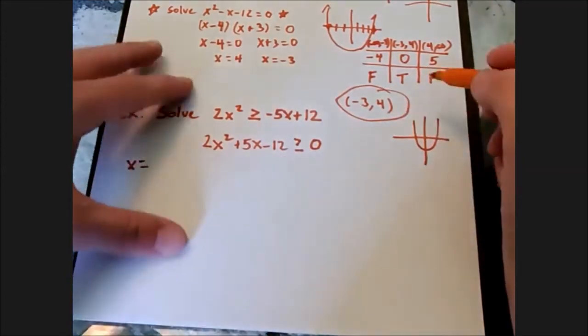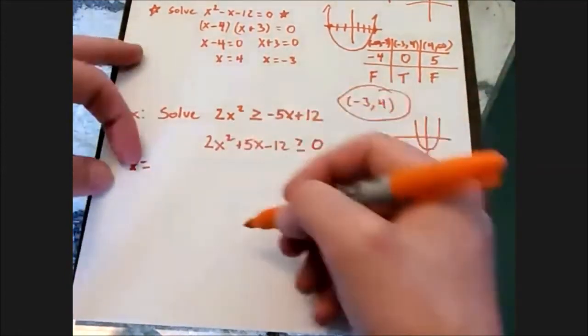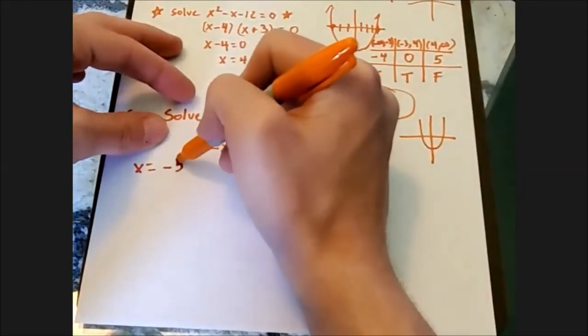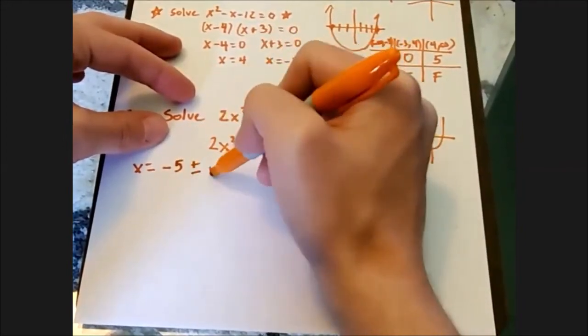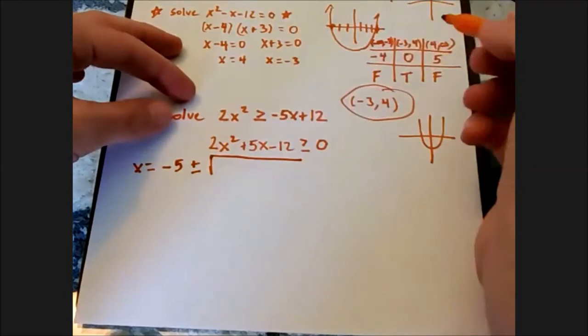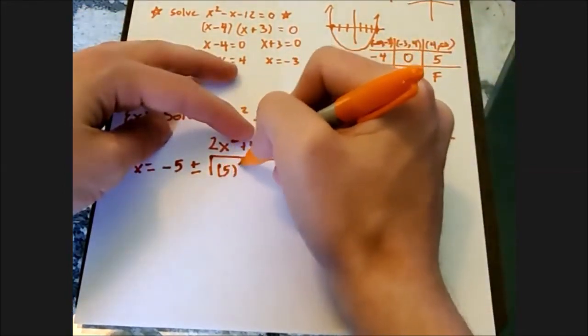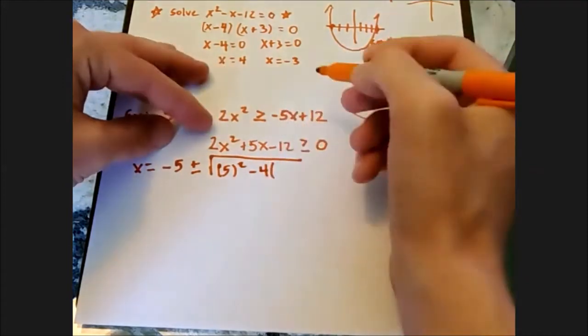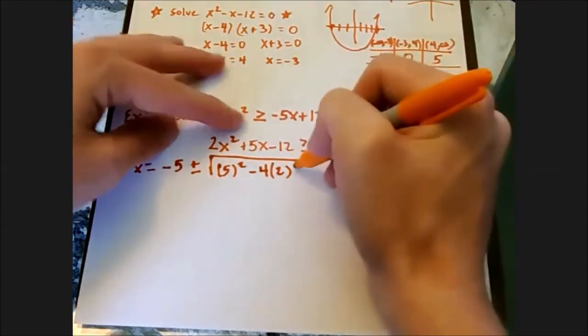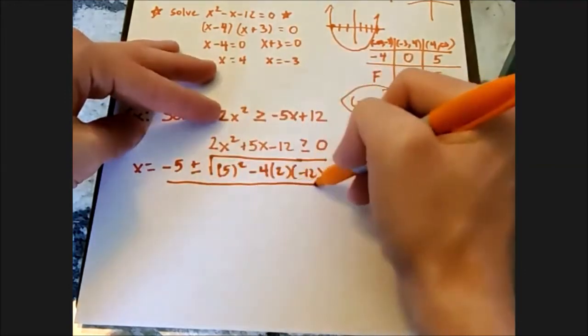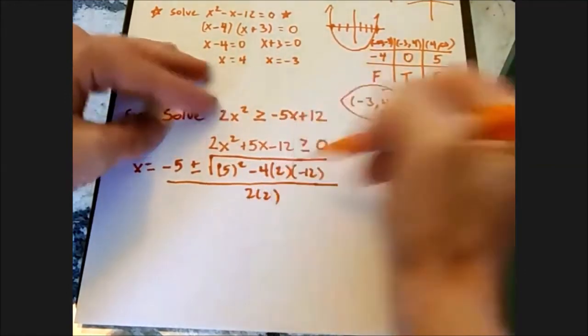That's what I'm looking for. So using the quadratic formula, we're going to do the opposite of b, negative b, which is negative 5, plus or minus the square root of b squared. So 5 squared minus 4 times 2 times negative 12, all over 2 times 2.